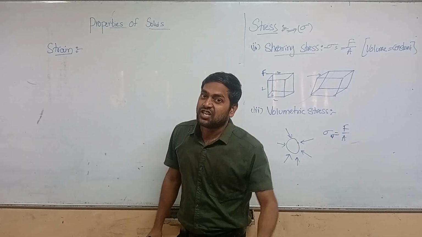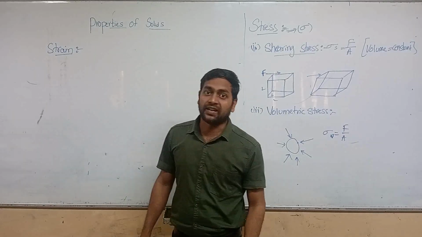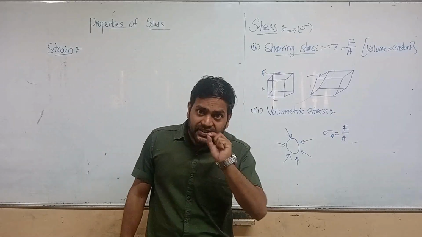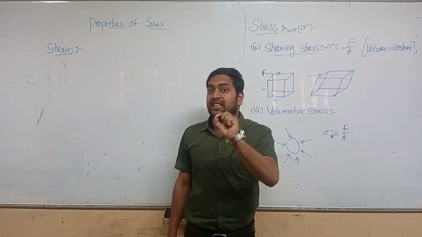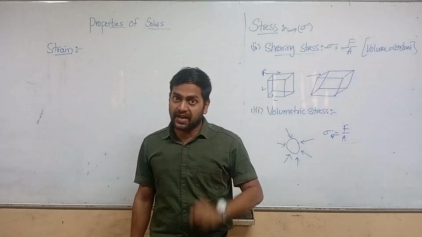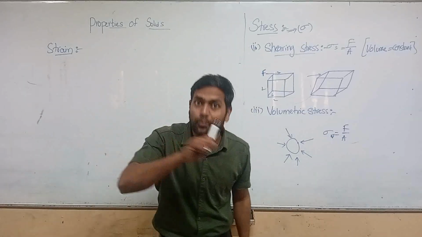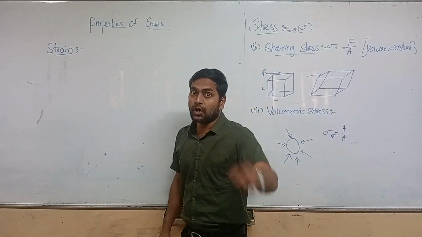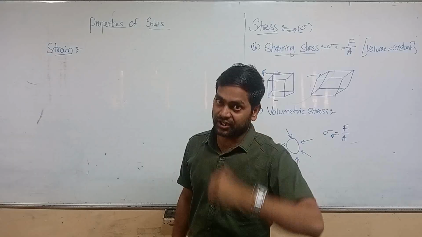Strain. What is strain? Strain is that when we apply a deforming force on an object, if that object changes its configuration, then the strain is said to be the ratio of the change in configuration to the original configuration.